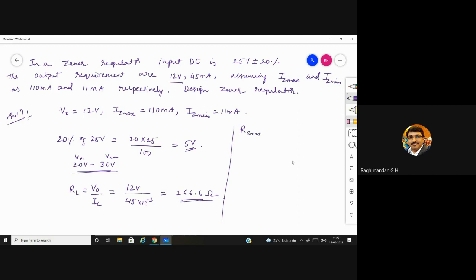RS max is (V I minimum minus V naught) divided by (IZ minimum plus IL). And RS minimum is (Vi max minus V naught) by (IZ max plus IL).